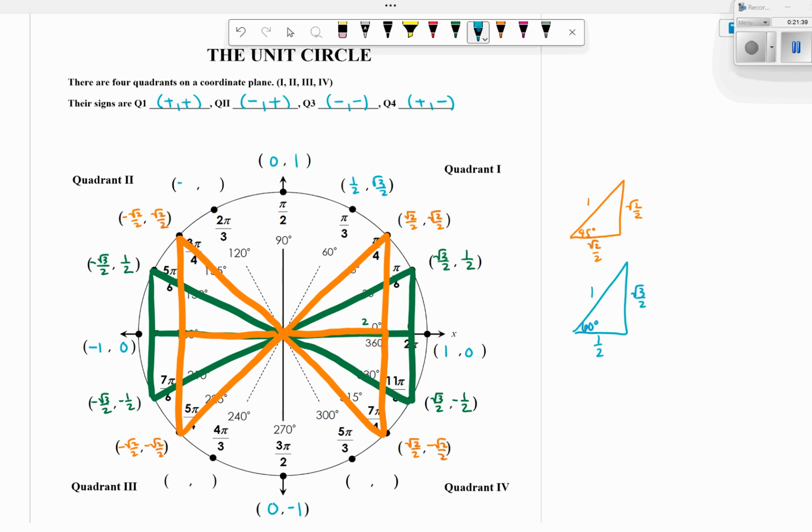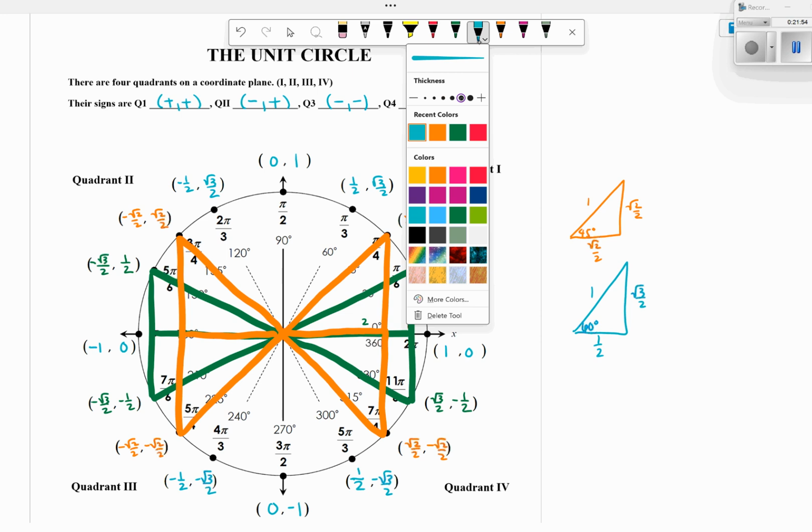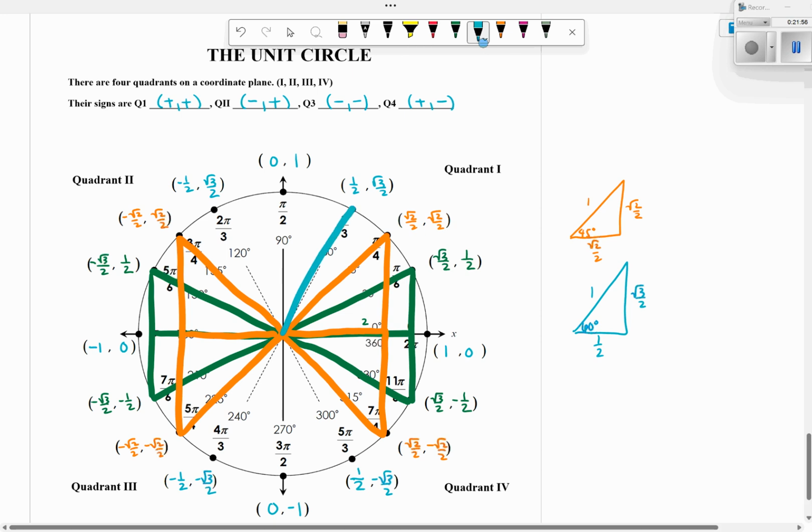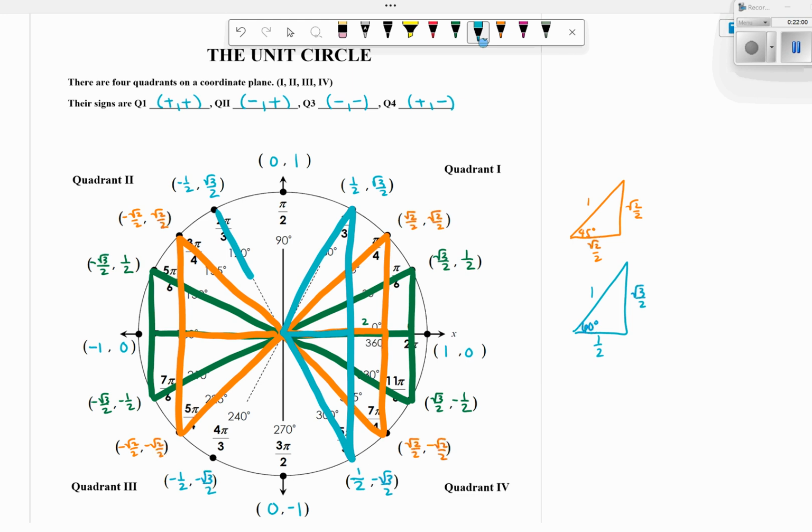So then this would be negative 1/2, root 3 over 2, negative 1/2, negative root 3 over 2, 1/2 and negative root 3 over 2, because it's positive, negative. And so then again, if you draw your reference triangles, these triangles are all using that reference angle of 60 degrees.